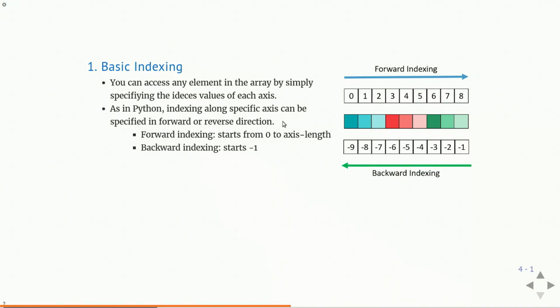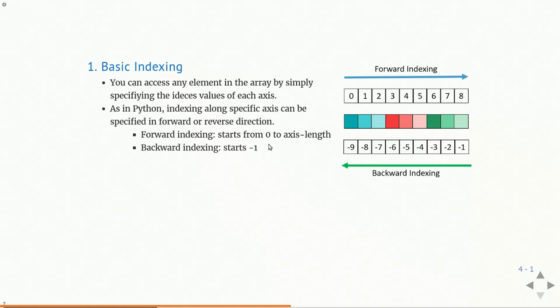For instance, if it's a single-dimensional vector, we just have to tell the location starting from 0 to access the elements. NumPy, just like Python, supports both forward and backward indexing. Forward indexing starts from 0 and runs to length minus 1, and reverse indexing starts from -1 and the index number decreases until the first element.